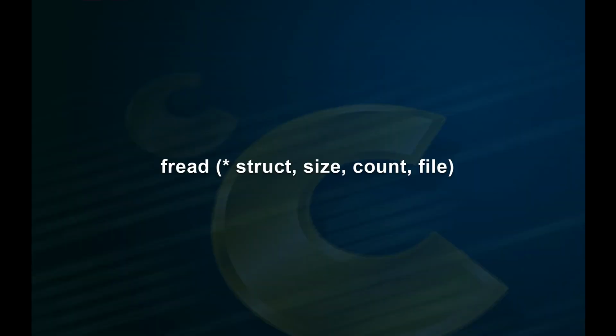This program is almost similar to the previous program. The only difference is here we are reading from the already entered data. The reading can be done by the fread function. The general syntax is fread(*struct, size, count, file).